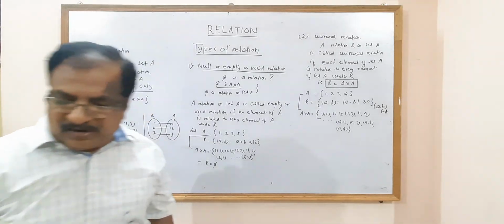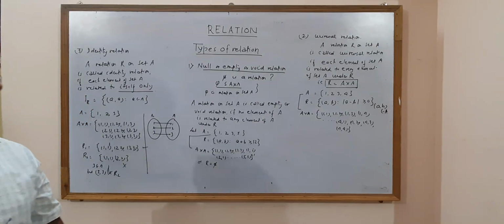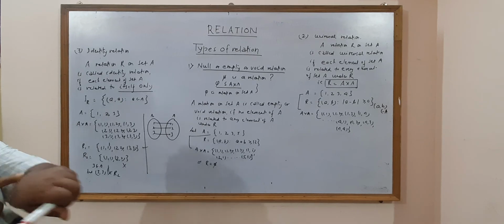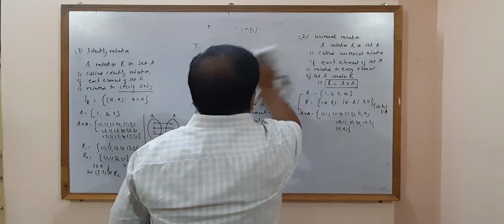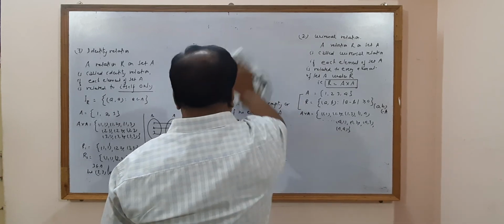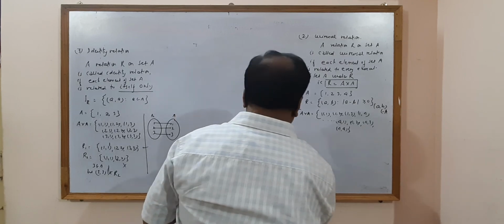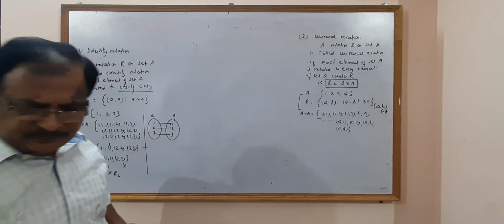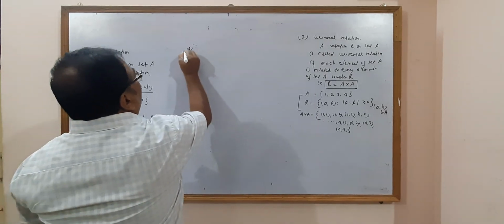Now next is the reflexive relation, which is an extension of the identity relation. Number 4 is the reflexive relation.